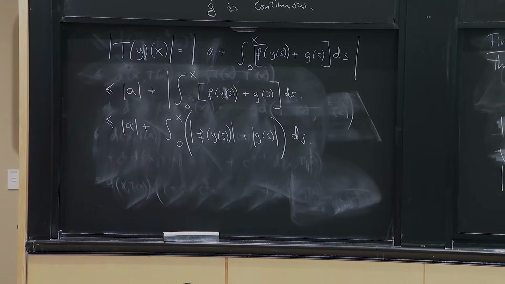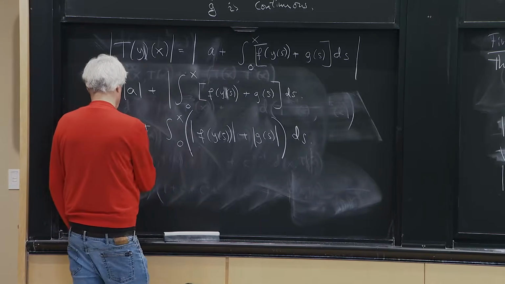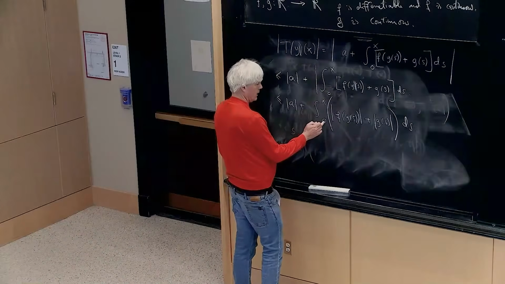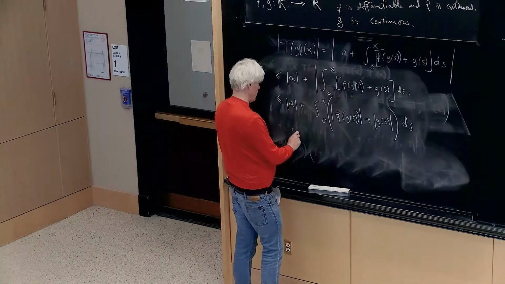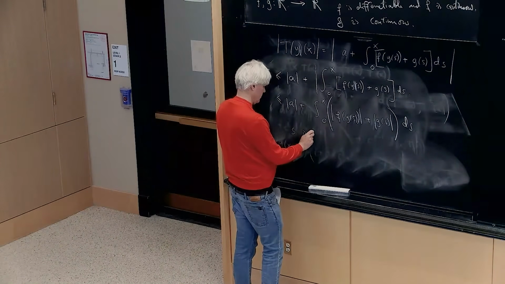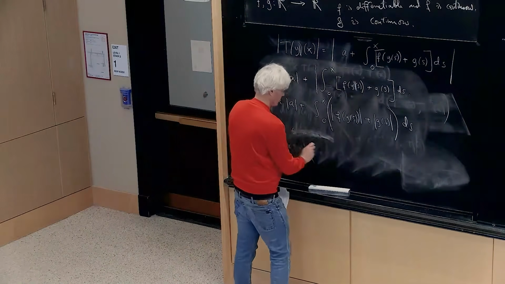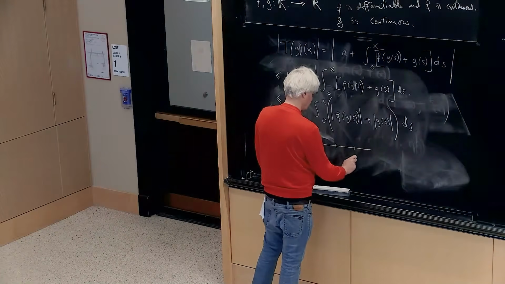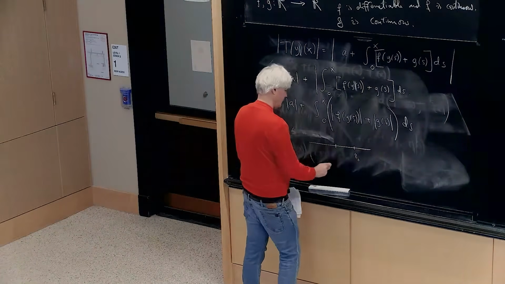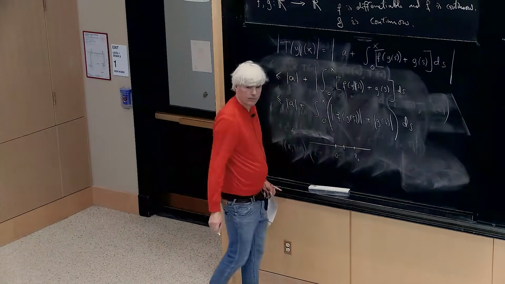Now, this is where I use that s here will have to lie between 0 and x, right? And so x is between, let me just draw it here. So here I have 0, here I have delta 0, and here I have x, somewhere.